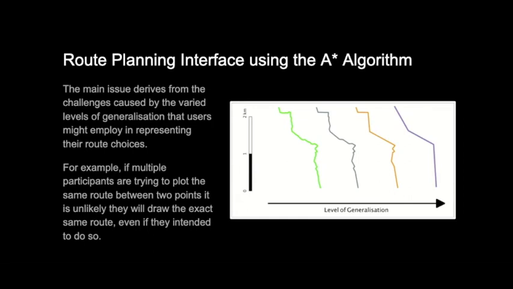Secondly, the use of simple digitized lines can also present challenges for the researcher with regard to aggregating and actually making sense of the data collected. For example, if multiple participants are trying to plot the same route between two points, it's highly unlikely they'll draw the exact same route, even if they intended to do so.